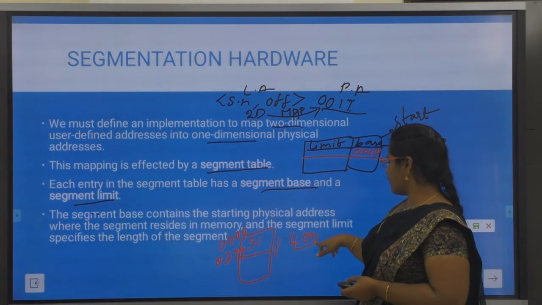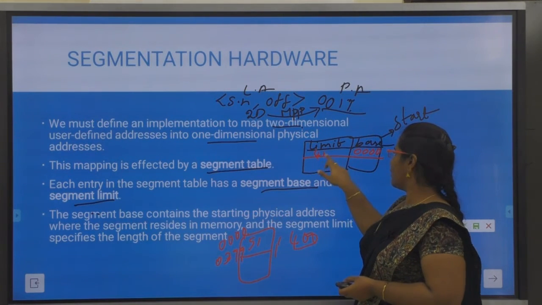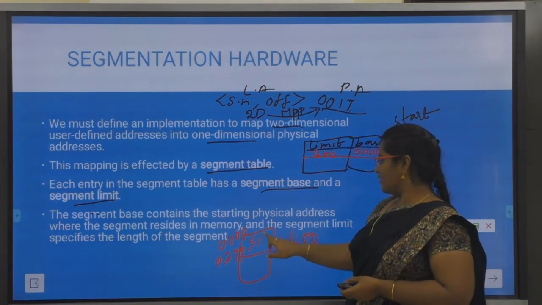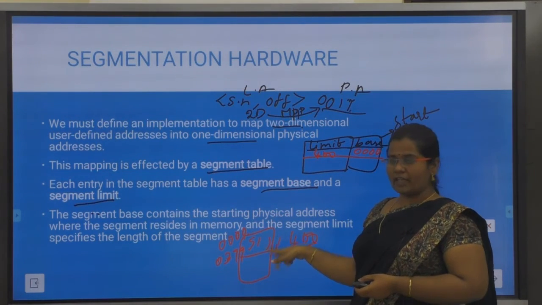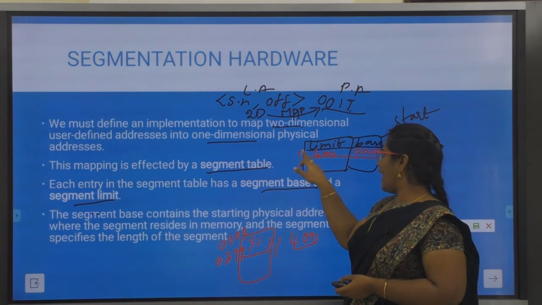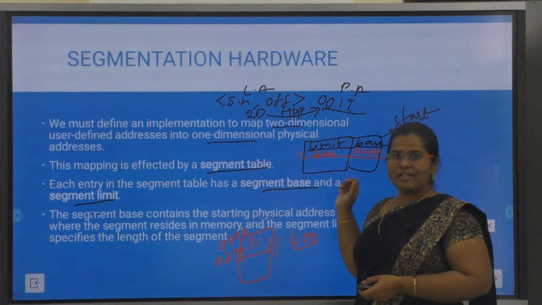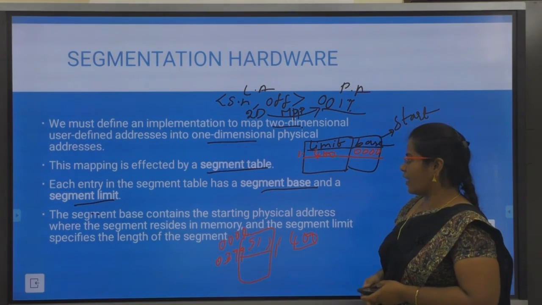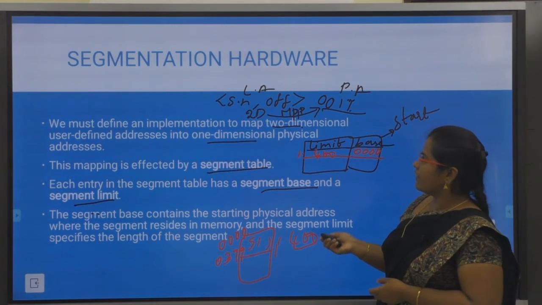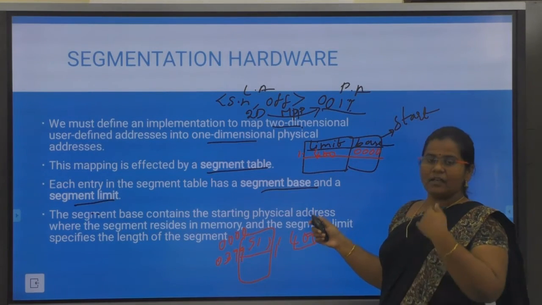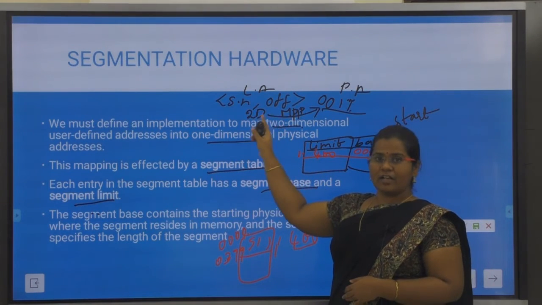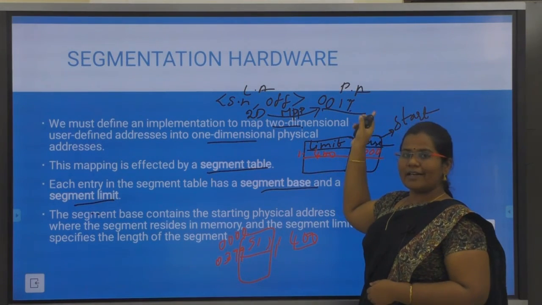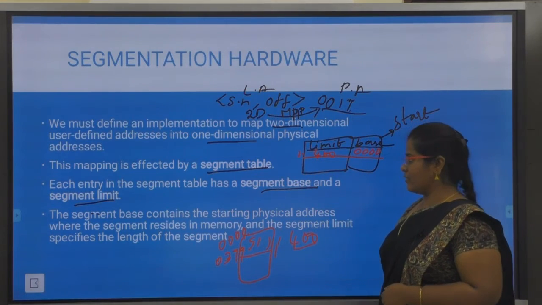Since it is 400 bytes, the limit will be 400, and this segment number, so if this is segment 1, will act as an index to your segment table. So with the help of this segment table, we'll convert this two-dimensional logical address into the one-dimensional physical address.